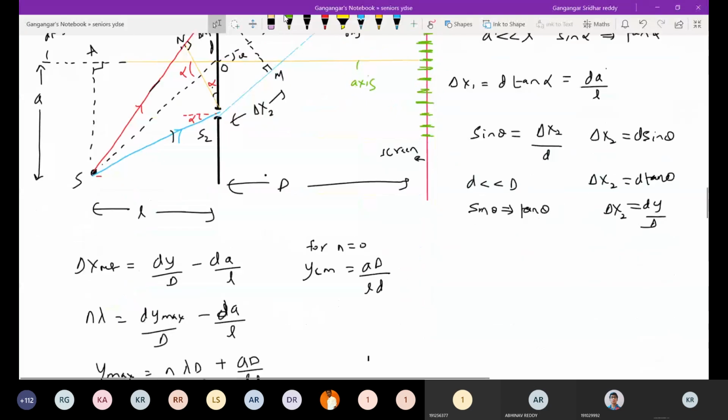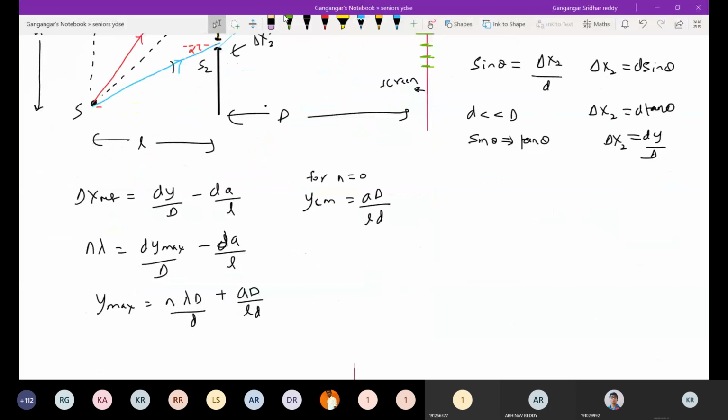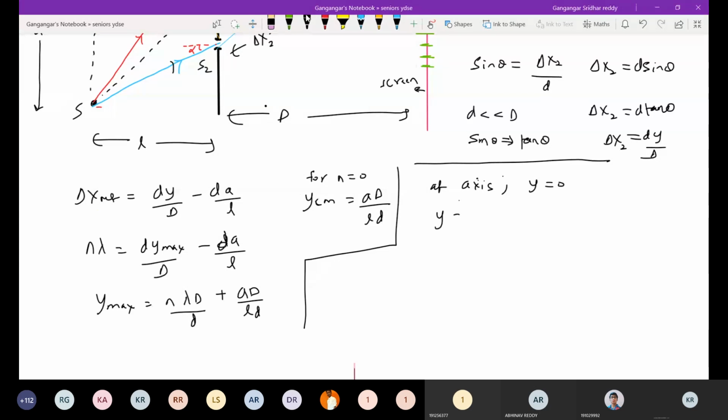Again, the same mathematics will follow. What is the order of interference at the axis? So what shall I do? Put y equal to 0, then you get the order of interference at the axis. So at the axis y will be 0: 0 equals n_axis lambda capital D plus A capital D by small d minus A. The small y max will not be there.